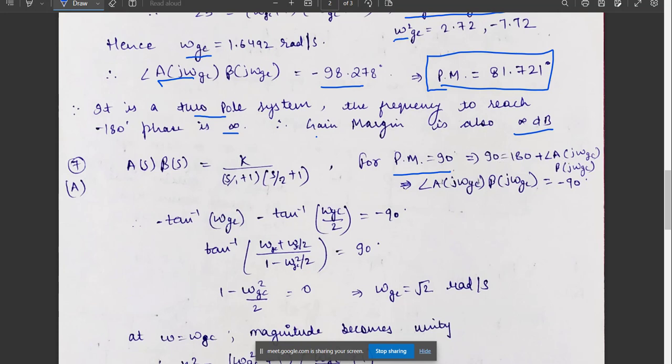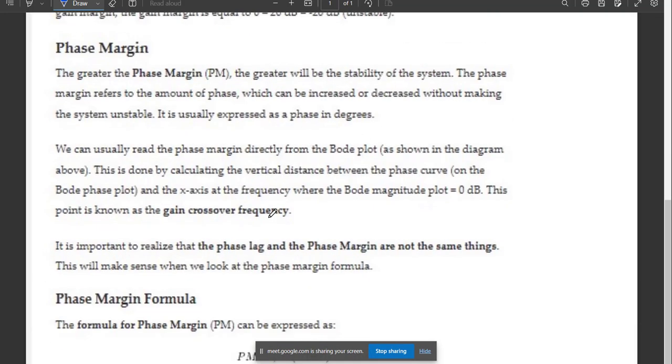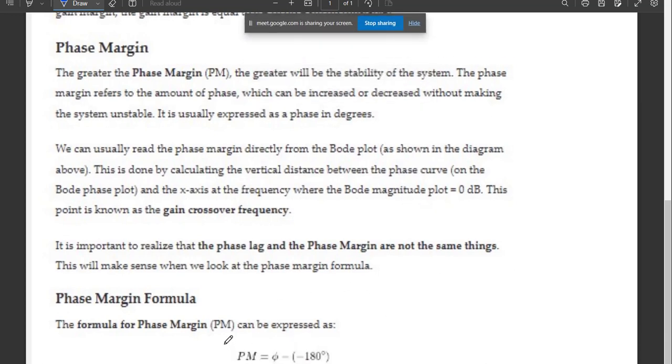We'll use the phase margin formula, which is phi, that is the phase of the system, minus of minus 180 degrees, that is, the phase margin is equal to 180 degrees plus phi, that is the phase of the system.